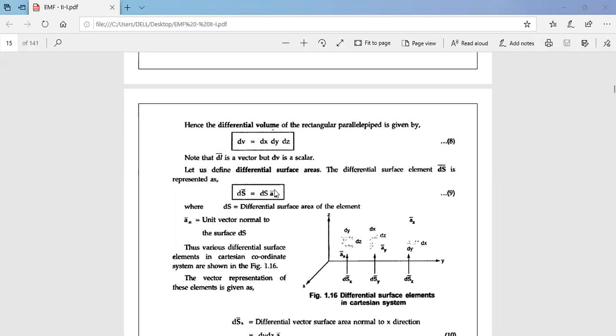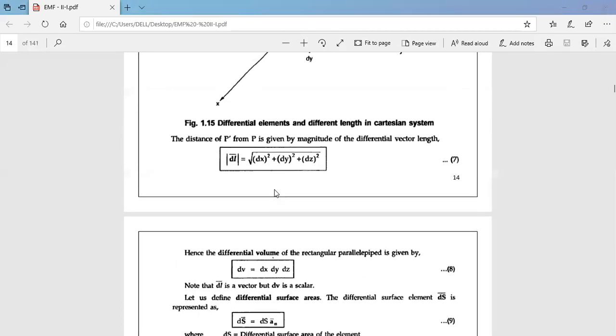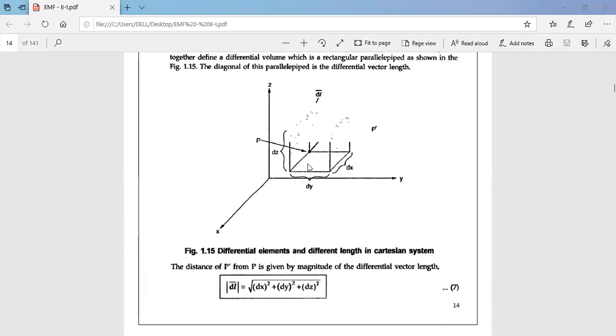So for the front, what would be the normal vector?